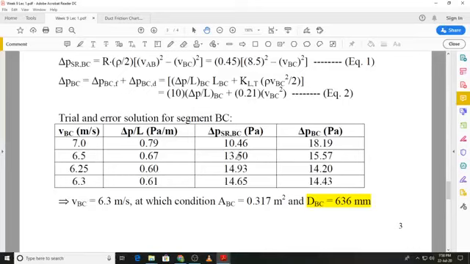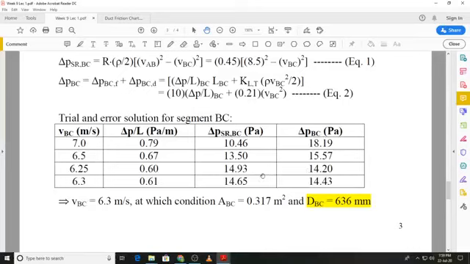However, the value of the static regain is still on the lower side, and we can further reduce the velocity. So we make a third guess of 6.25, and this time you can see that the static regain value becomes slightly higher than the delta P value for the duct run.